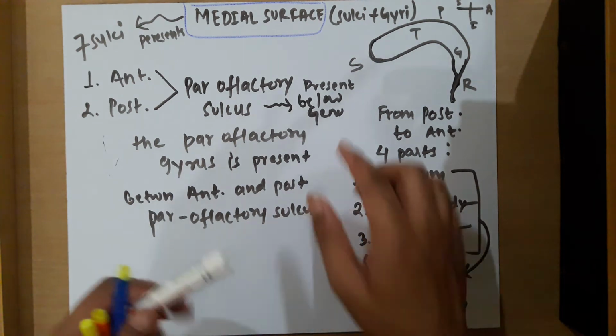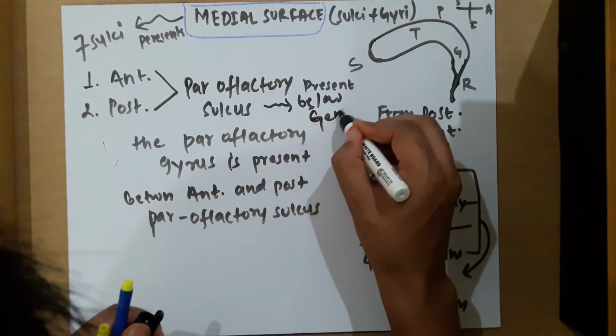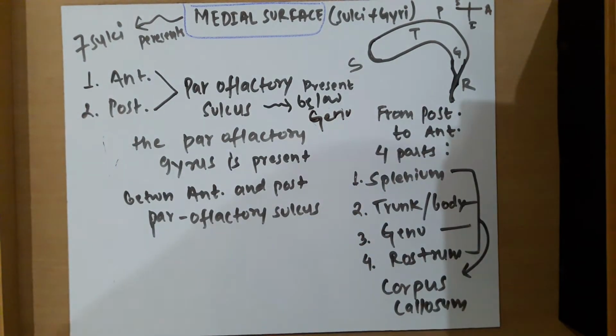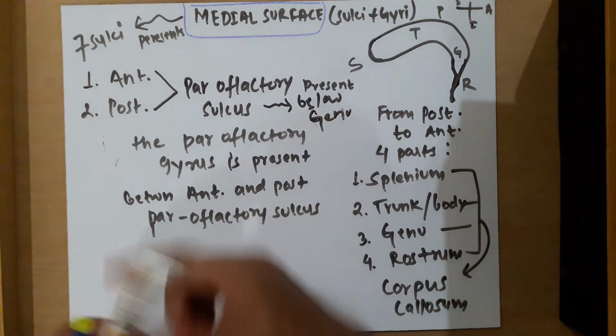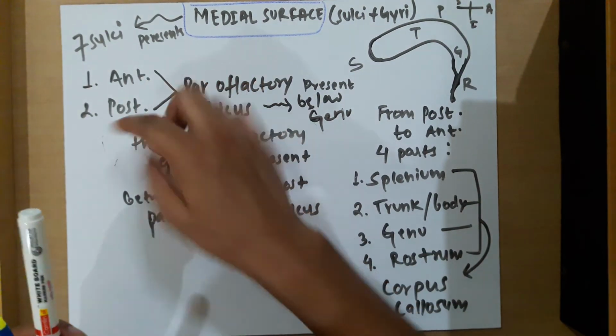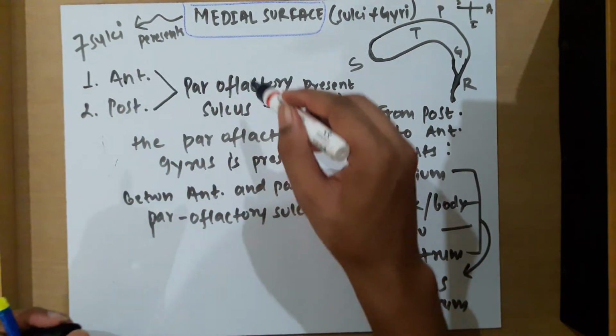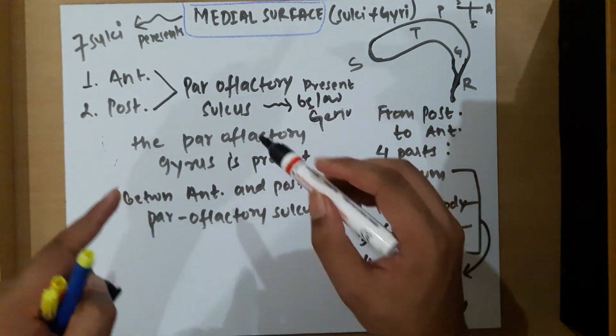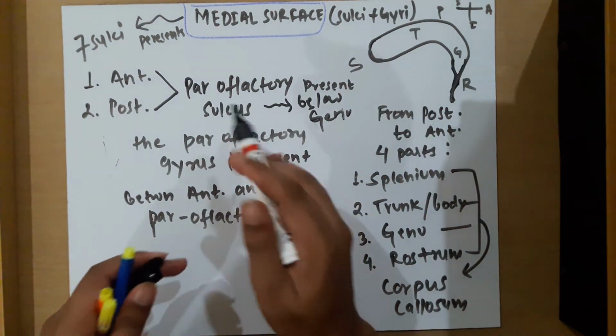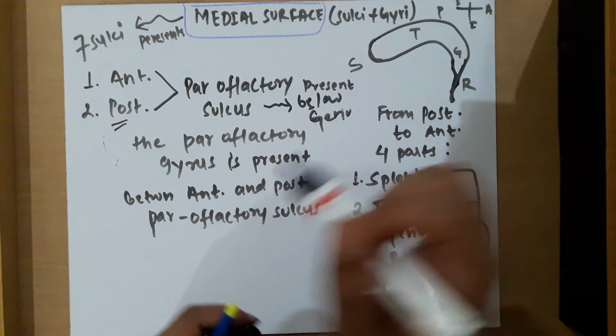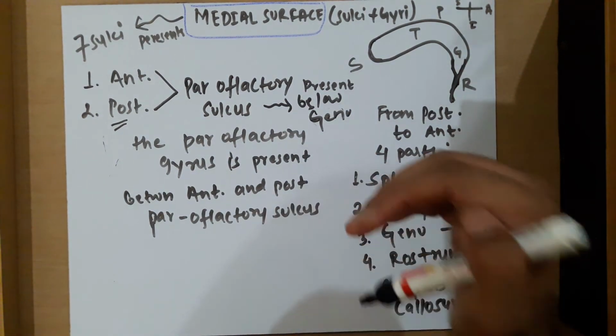I know you will be clear only when you look at the figure. So this is the genu, and below the genu, in between the anterior and posterior para olfactory sulcus, is the para olfactory gyrus.